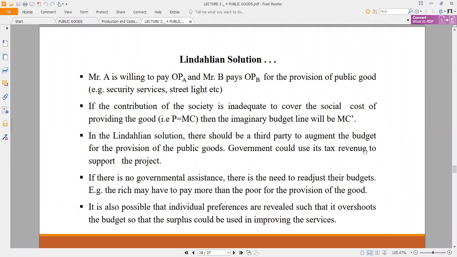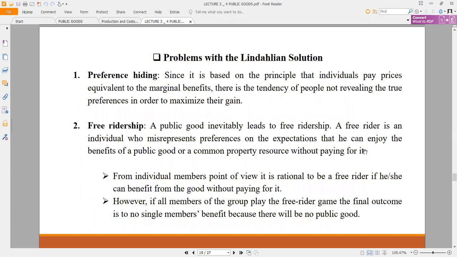When we add up the Lindahl prices and it falls short of the marginal cost, the government can step in, or the rich can also choose to pay more just to make sure that the good is being provided for. And then if we have more than what we need to, we can channel the remainder into provision of other goods. So that solution, that equilibrium is called the Lindahl solution.